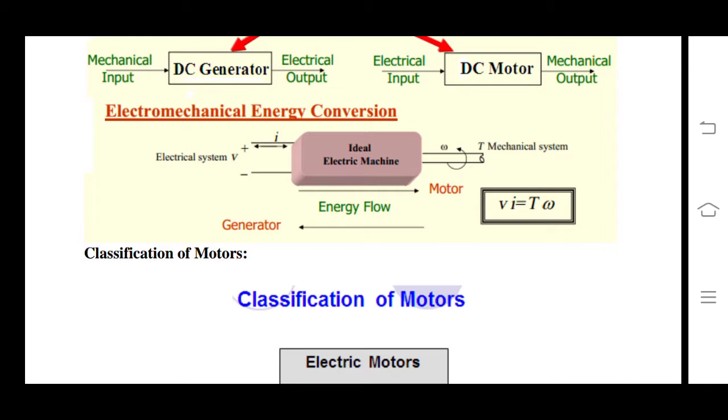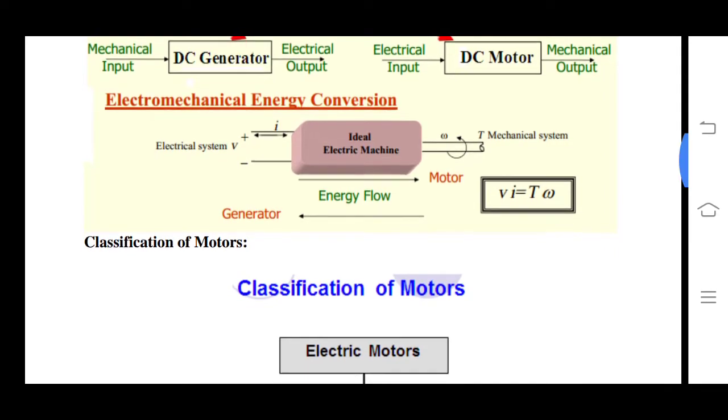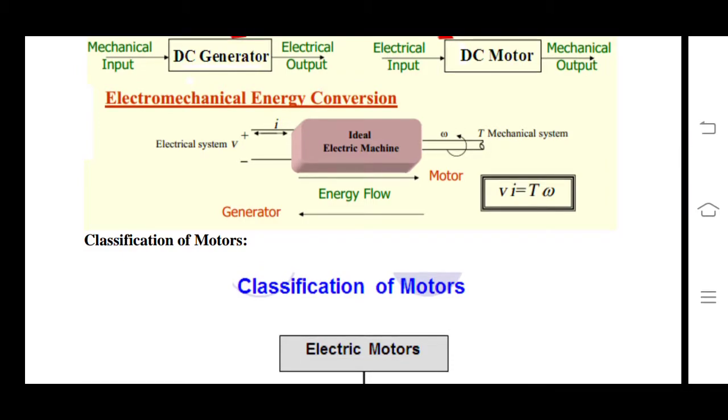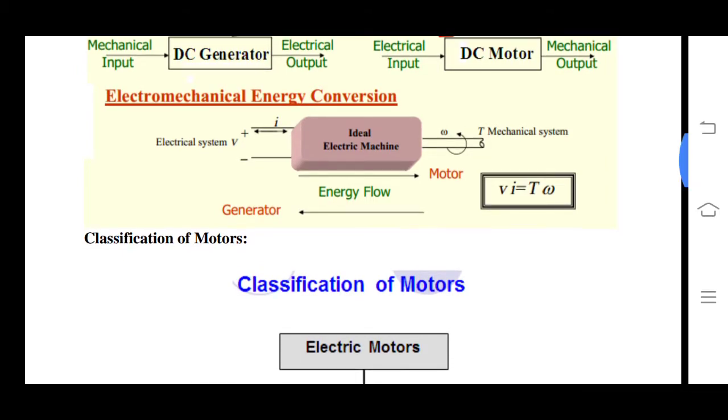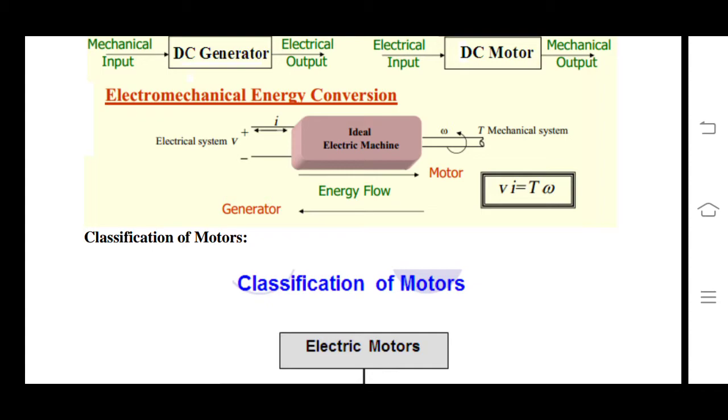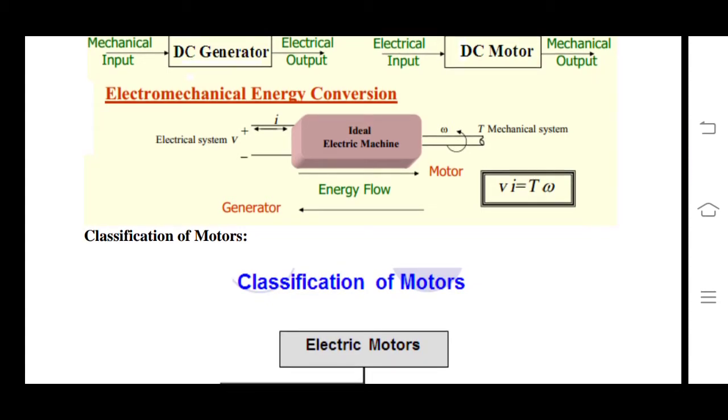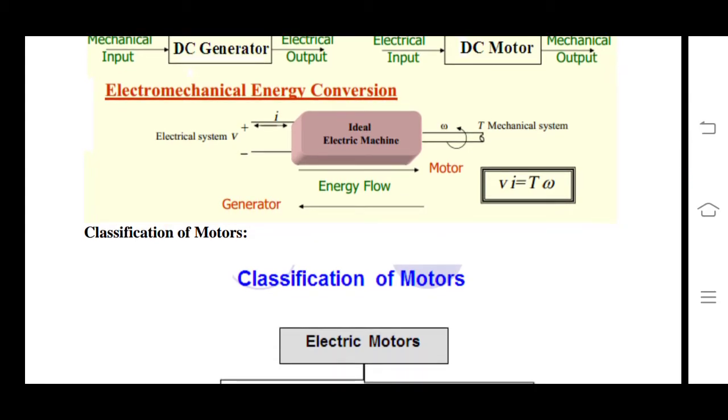Because it is an ideal system, the input power and output power are the same, equal. So the input power is volt ampere and the output power is torque into angular velocity. So electrical power is equal to mechanical power, torque into angular velocity.